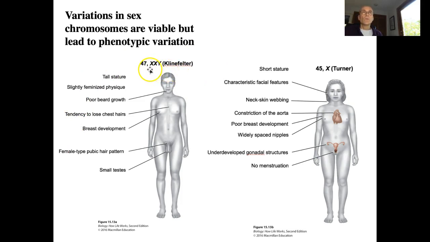So when we are looking at the Klinefelter symptoms or the Turner symptoms, these are females. They have an X chromosome and no Y chromosome. And there's a few things that look different in Turner syndrome individuals, as well as in Klinefelter syndrome individuals.